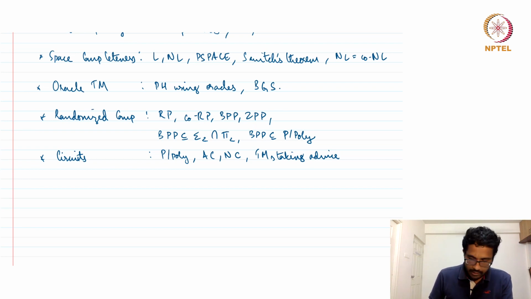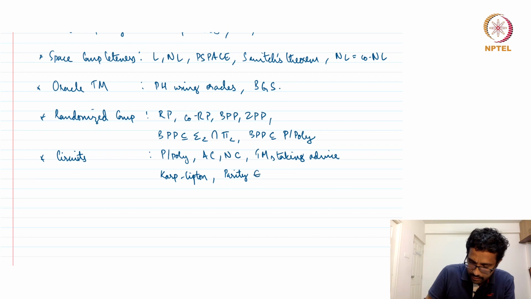We saw results such as the Karp-Lipton theorem, which said that if SAT has polynomial size circuits, then the polynomial hierarchy collapses. Then we saw that parity is not in AC0, which was one concrete lower bound that we have in circuits.